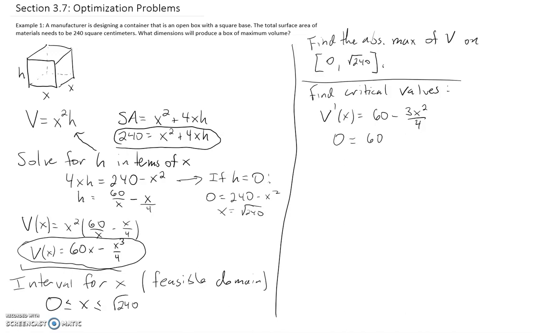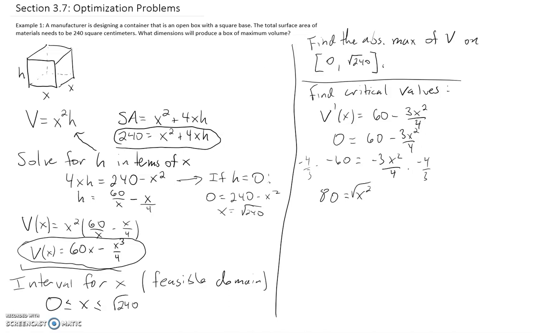So we have 0 is equal to 60 minus 3x squared divided by 4. We move over the 60, so we have negative 60 is equal to negative 3x squared over 4. Multiply this by negative 4/3, and the 3 and the negative 60 will cancel to be a negative 20, and we're left with 80 is equal to x squared.